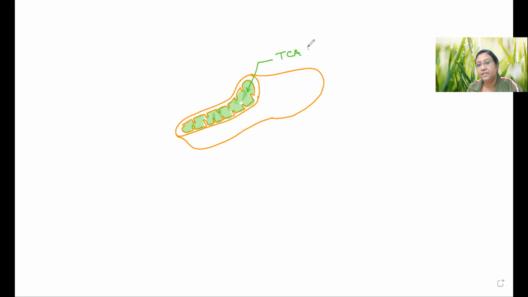So TCA occurs inside the matrix. Glycolysis occurs in the cytoplasm. And now we are going to talk about the terminal respiration.